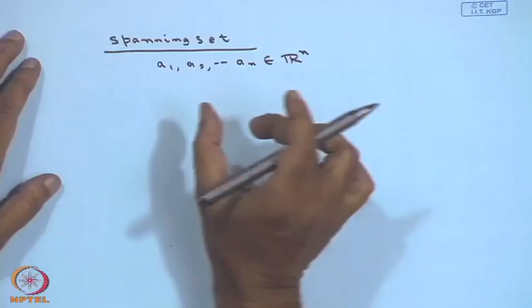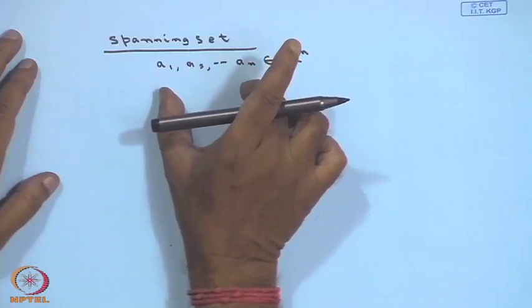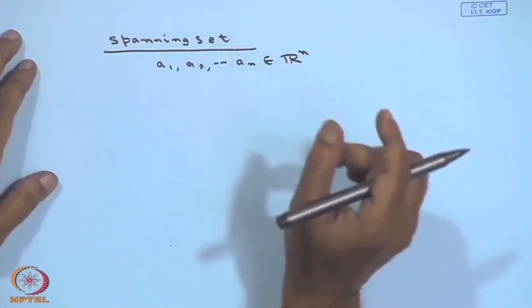That is, from this set of vectors you are generating all the vectors; any vector you take on Rn will be a linear combination of a1, a2, ..., an. The set through which you are generating is called the spanning set, and obviously these vectors should be linearly independent.